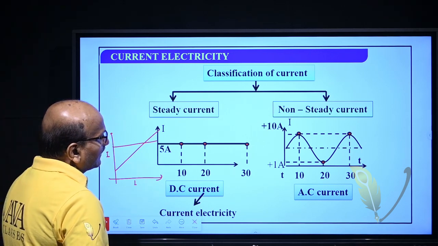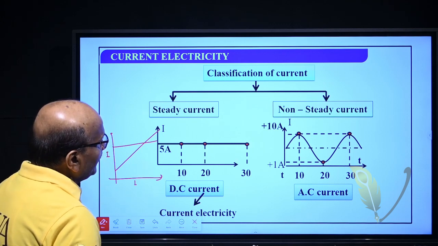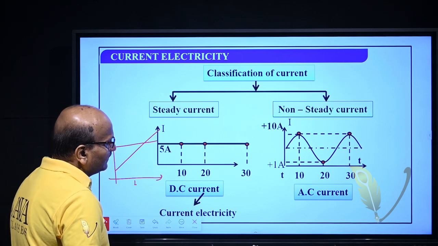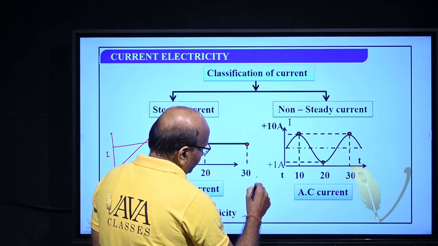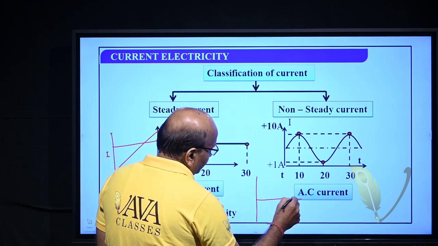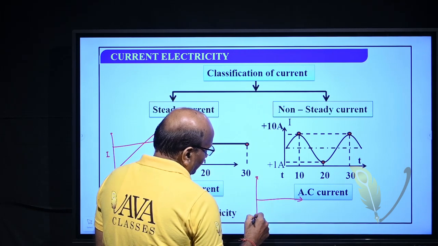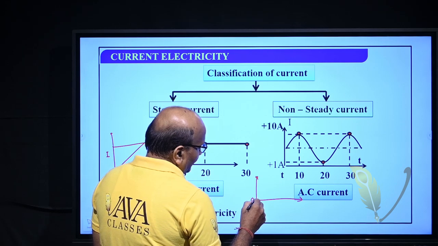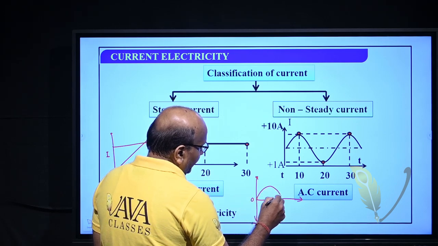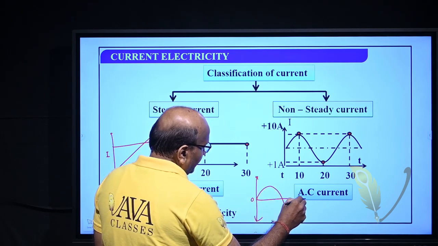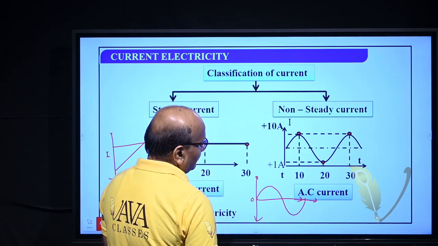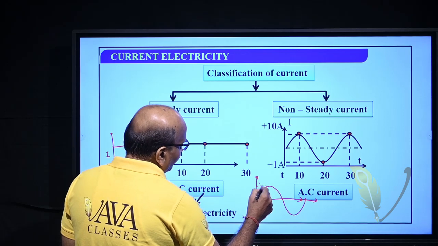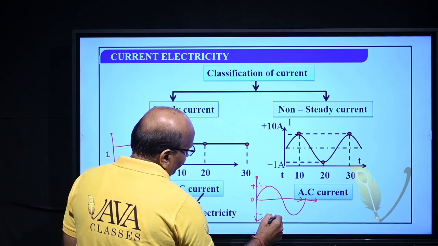And what is alternating current? AC current is the current whose magnitude changes with time and which periodically reverses its direction, both positive and negative.